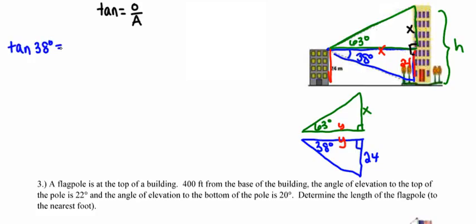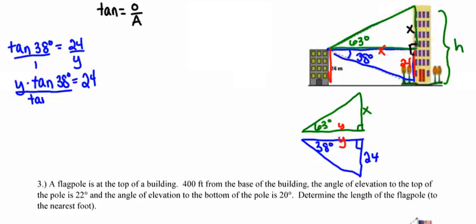It's going to be equal to the ratio between the leg opposite, which is 24, and the leg adjacent, which I called Y. And I'm going to go ahead and cross multiply. So Y times the tangent of 38 degrees is equal to 24. And then in order to undo this multiplication by the tangent of 38 degrees, I'm going to divide both sides by the tangent of 38 degrees.